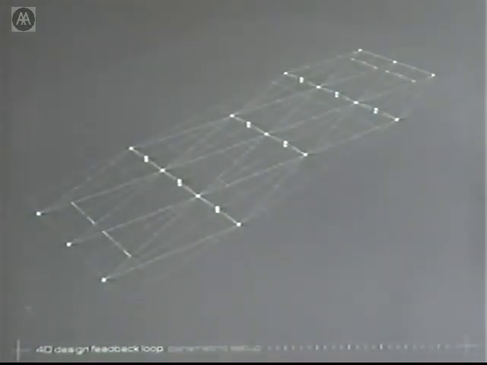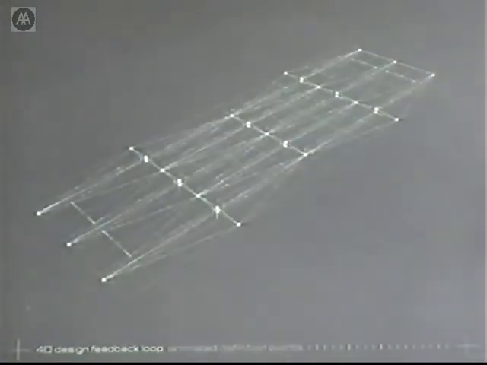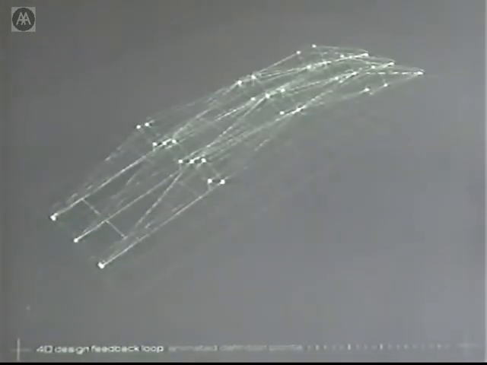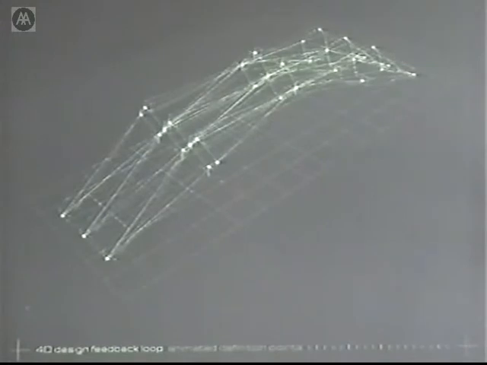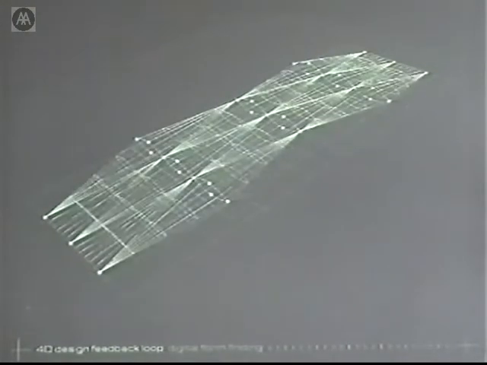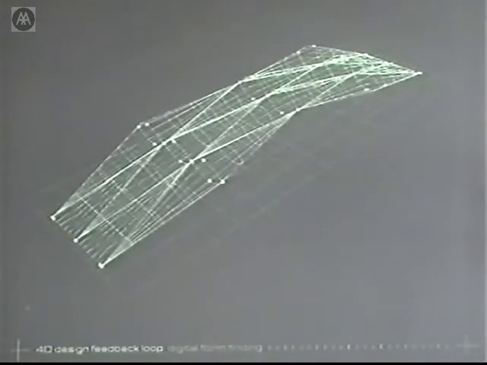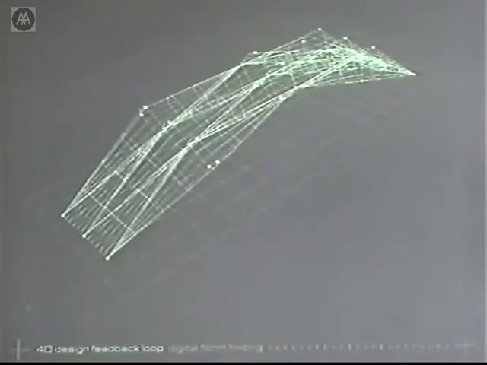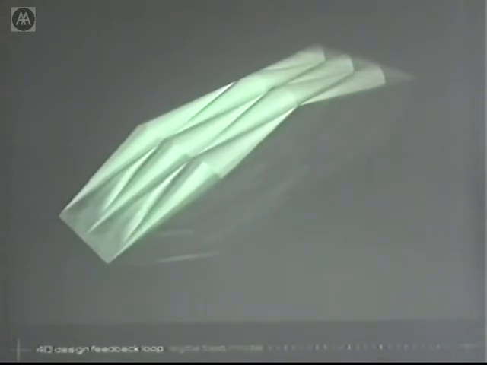So first the parametric setup was done in an engineering software, and then exported to an animation program, which allowed to animate the definition of the boundary points, which then again allowed for a dynamic form-finding process of that membrane. And that ultimately enabled to generate a digital membrane model of that prototype, or of that multi-chamber component.